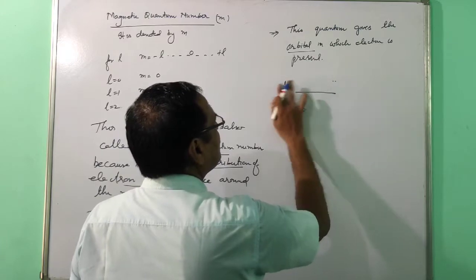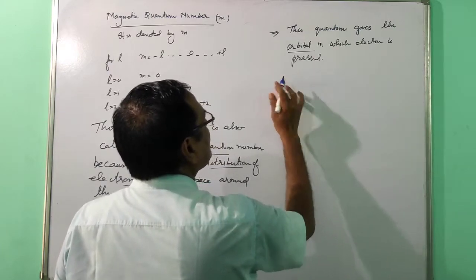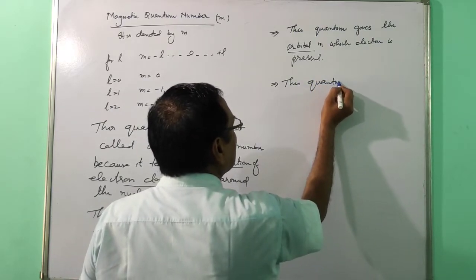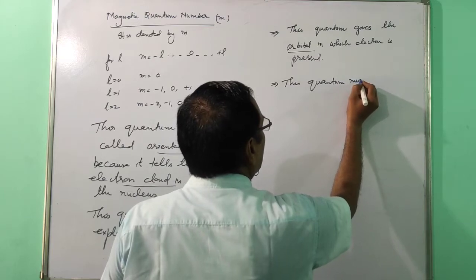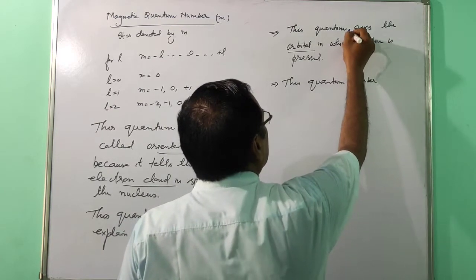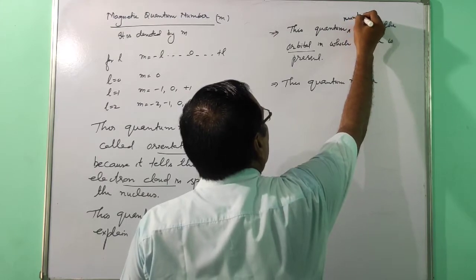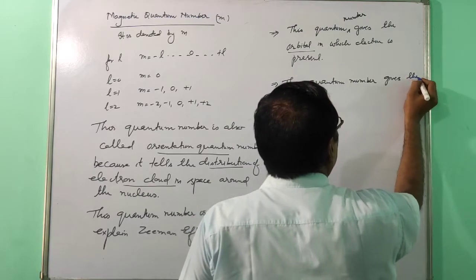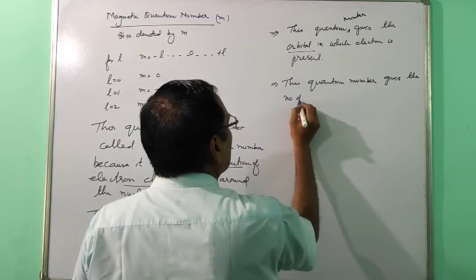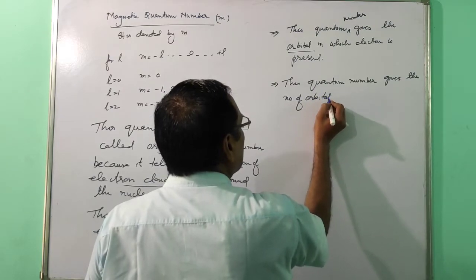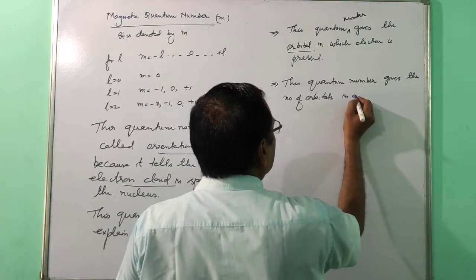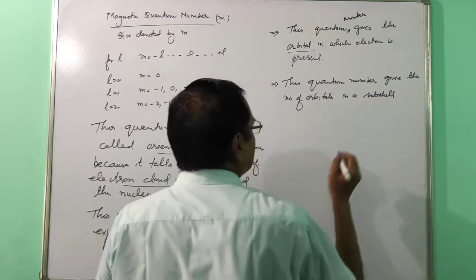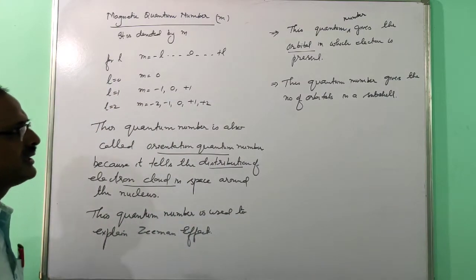So one more thing you can write, that this quantum number gives the number of orbitals in a subcell. In a subcell, how many orbitals are there? That also you can find.